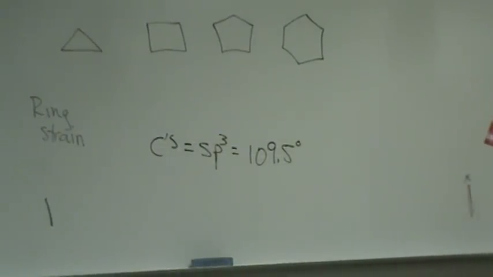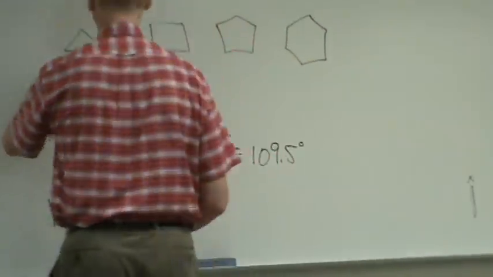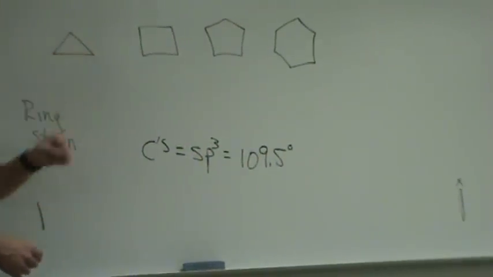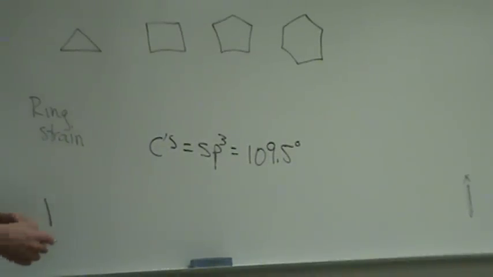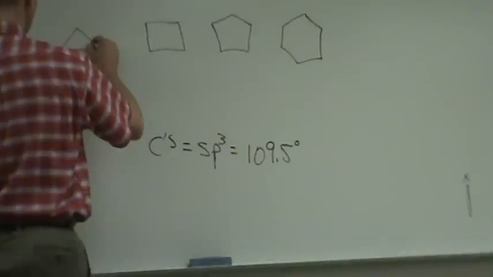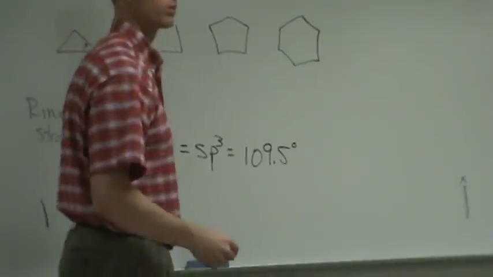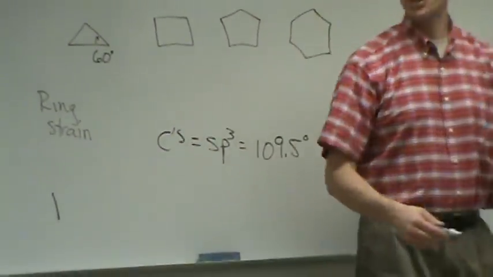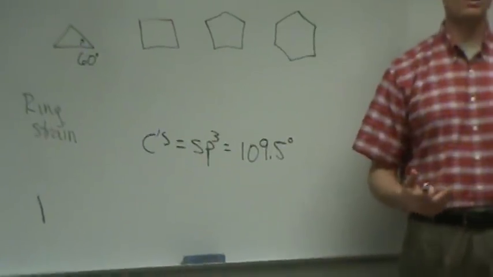Well, here's the big deal. If you look at this triangle, what is the bond angle in that triangle? 60 degrees. So this angle here is 60 degrees. Is that close to 109.5? No, it's pretty far away, isn't it?